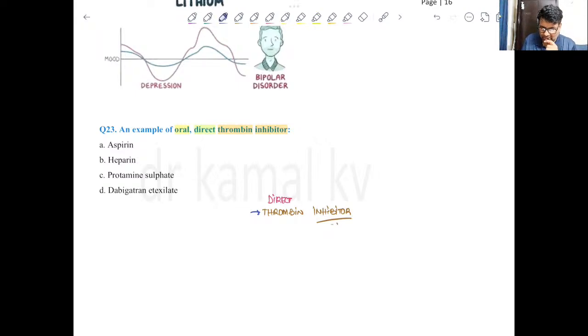So if we are stopping that final step, so fibrinogen to fibrin, and this fibrin is actually the clot, clear? So if we are just inhibiting this thrombin, it means we are using it as an anticoagulant. So you can say oral anticoagulant.